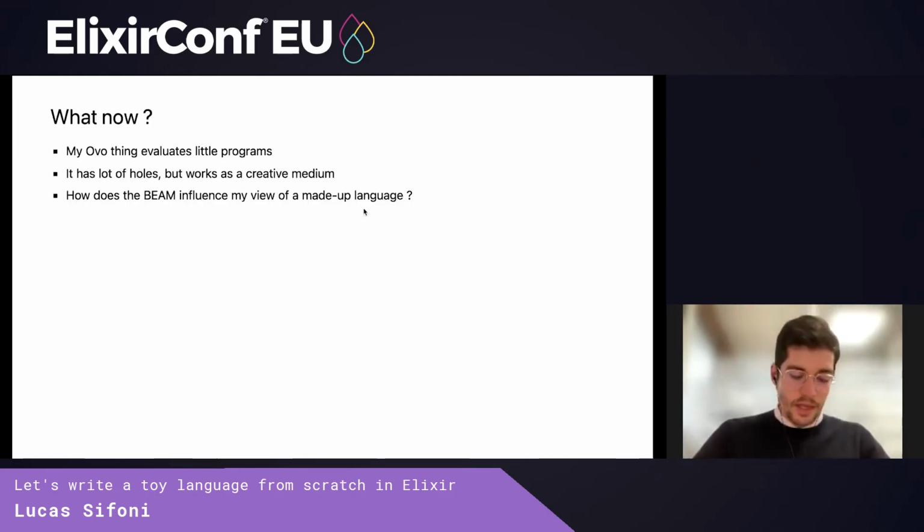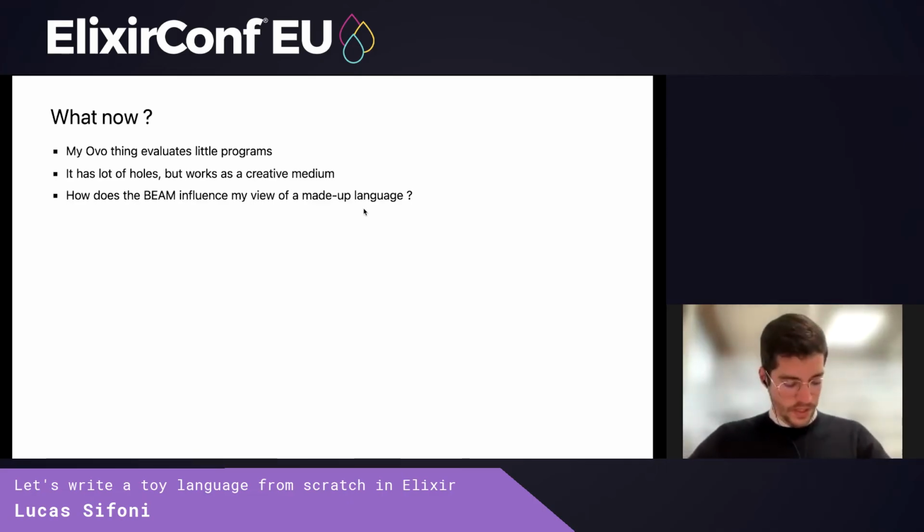So what do we have at this point? We have a thing called OVO that evaluates little programs. It would need a lot of fuzzing because every new program brings a bit of holes in the parser or our tokenizer. It would need error handling, but it works very well as a creative outlet.